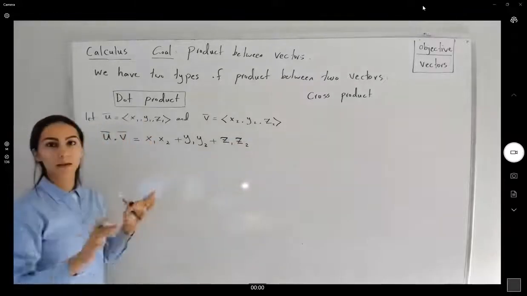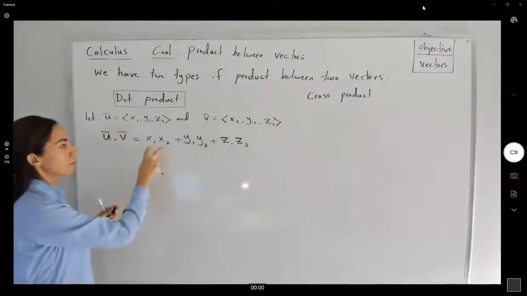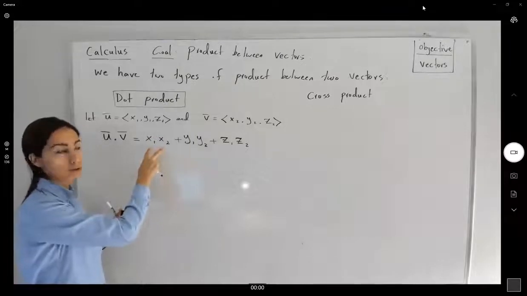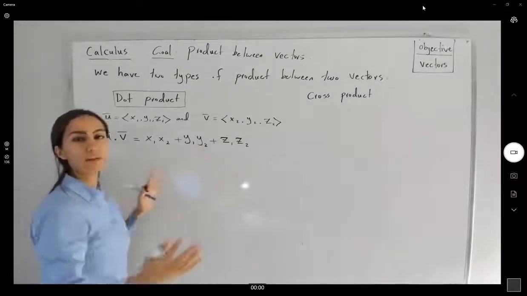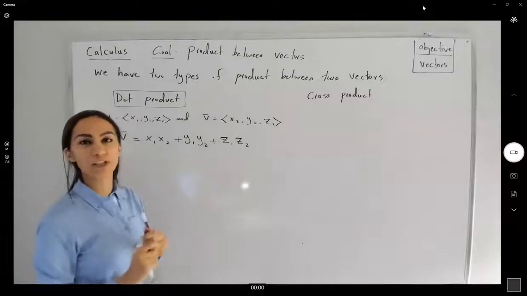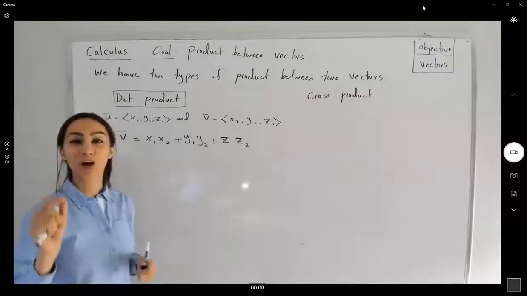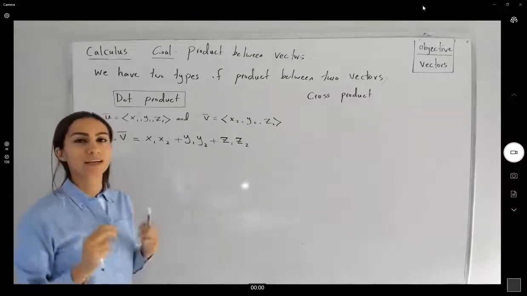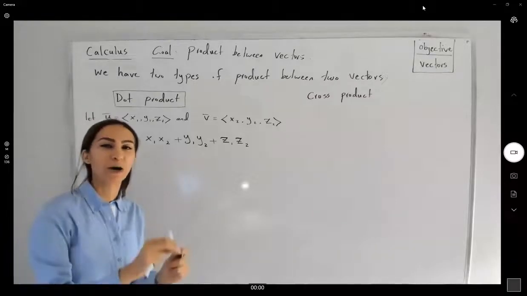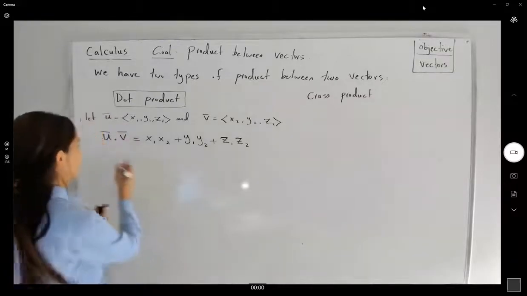So take a look at the dot product. Here you have multiplications of two numbers, and eventually you add all of these numbers together. So the dot product between two vectors is nothing but a number or a scalar.